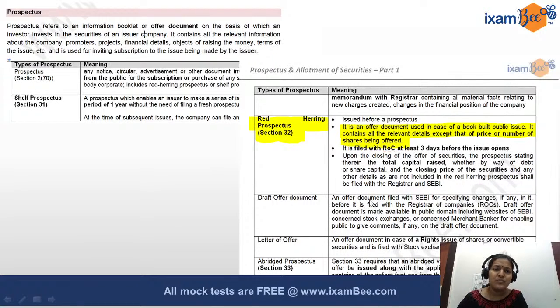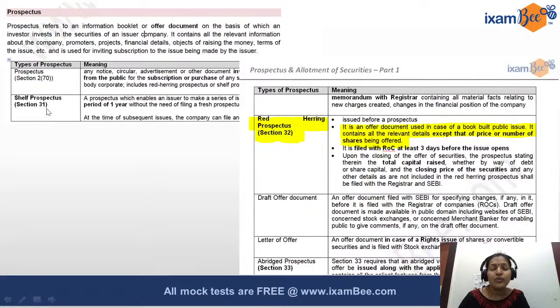So just a glimpse of different types. Prospectus is defined under section 2(70), which shows that it can be any notice, circular, advertisement or a document which is inviting offers from the public for subscription or purchase, and it includes the red herring prospectus. Shelf prospectus, as I told you, it can be used for multiple issues.